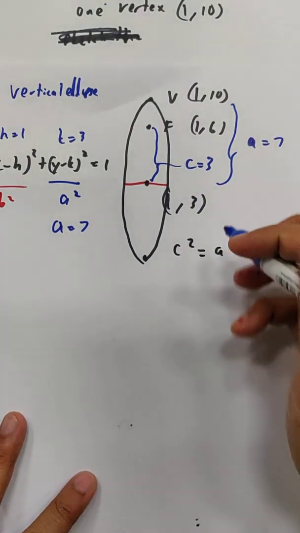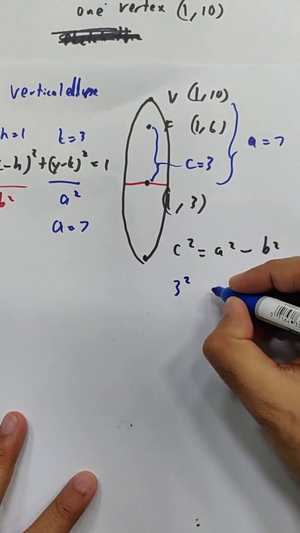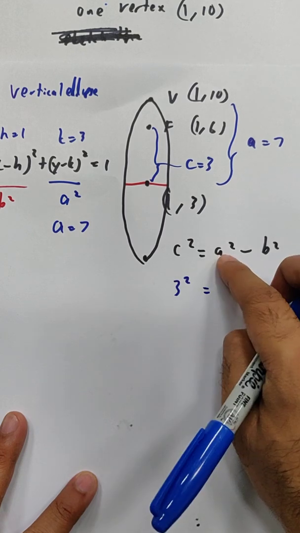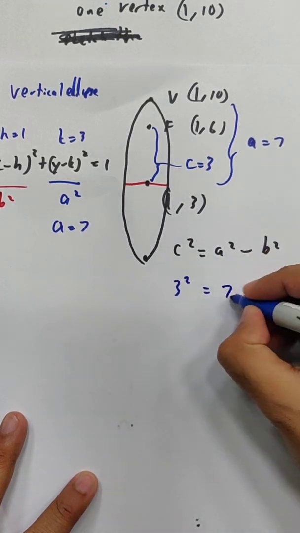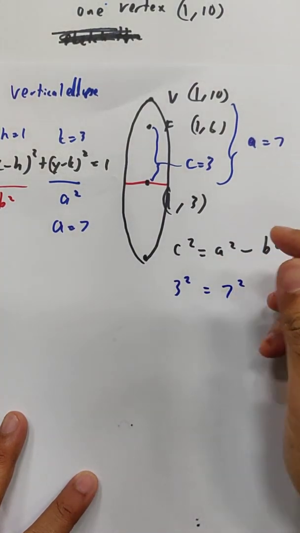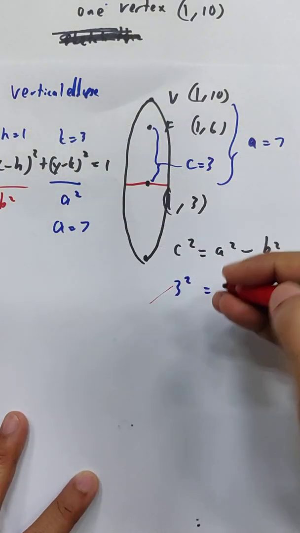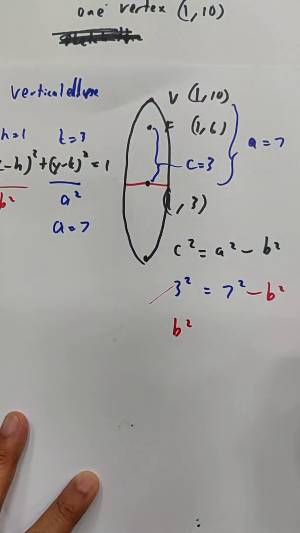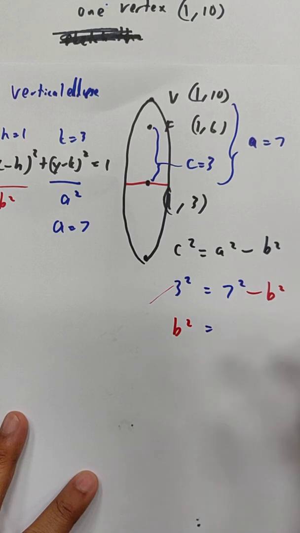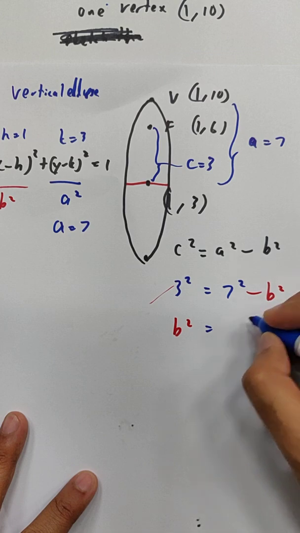Yes, 3 squared. Do I know A? Yes, 7 squared. The only thing I have no idea is my B squared. So I can transfer it around. B squared equals 7 squared plus 3 squared, 49 plus 9, 58.